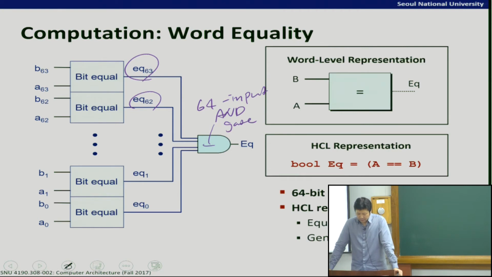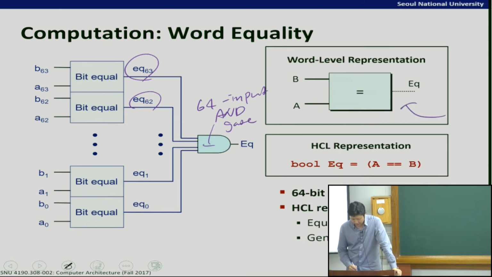What it does is compare 2 words, 2 64-bit words, and if both are equal, then the output becomes 1. Otherwise, the output will be 0. To realize that, we can use 64 copies of a bit comparator, and take all the outputs into the input of the AND gate. That's it.